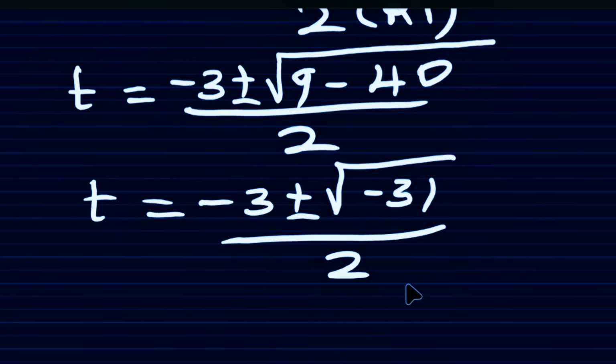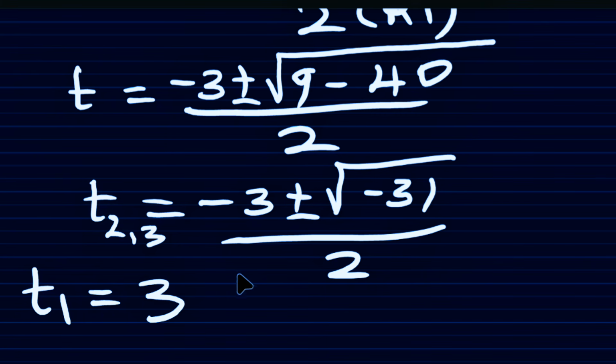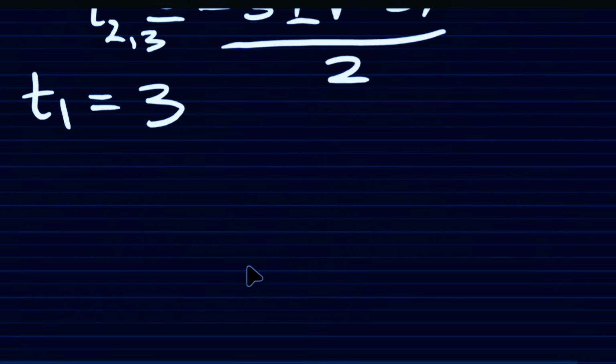So for that reason, we are just going to end here, because this is a complex solution. So it means that t2 and t3 equal a complex solution. There is no need to go further, because this is going to give us a complex solution. And remember that t1 equals 3. Since t1 equals 3, let's solve from here.